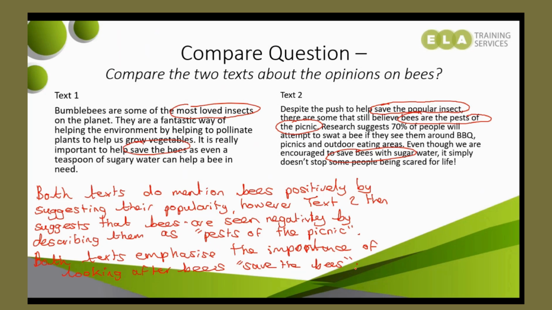And then if we wanted to mention that text 1 is a little bit more positive, text 2 is a little bit more negative using facts and things like that, we can do. But ultimately, that is how we compare texts. So today, hopefully, you have improved your knowledge on organisational features, on fact and opinion, and of comparing texts.